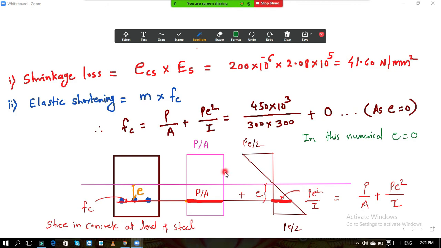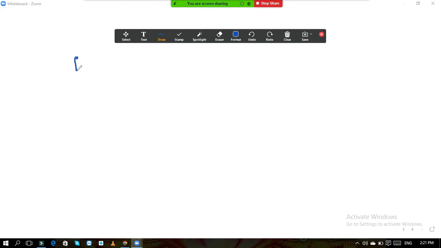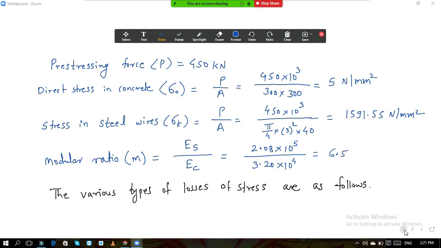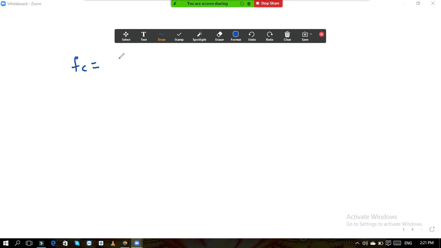So that is why if you calculate this Fc now, again, if you move to the problem and you calculate the Fc, then this Fc works out to be, again, 5 Newton per mm square.